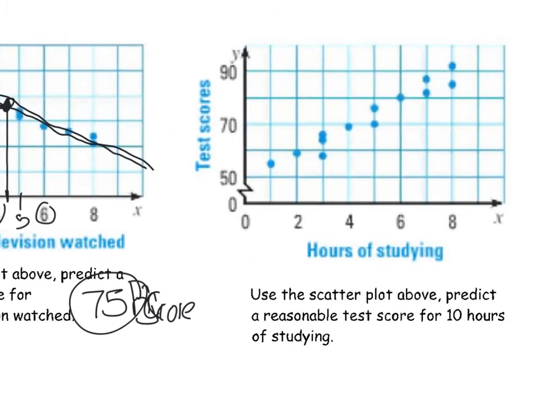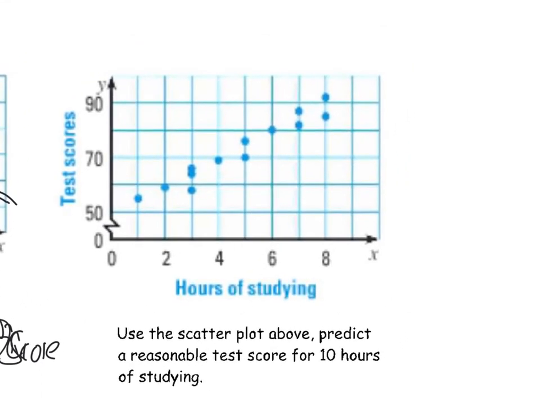All right, let's see this one. If I'm going to draw a straight edge through the middle of these dots, it'd be about like that. It said, what's a reasonable test score for 10 hours? So it's 6, 7, 8, 9, 10. So this would be 10 hours here.